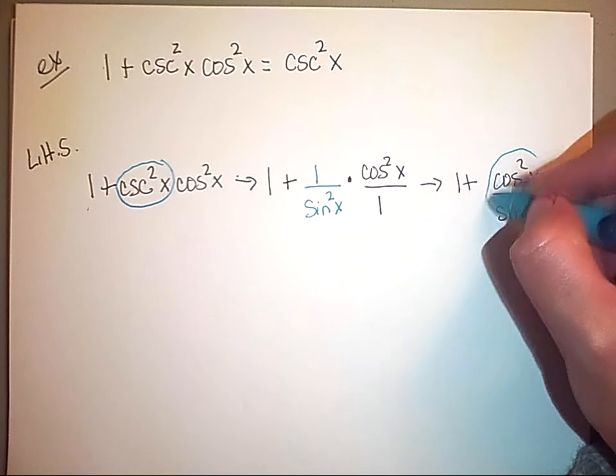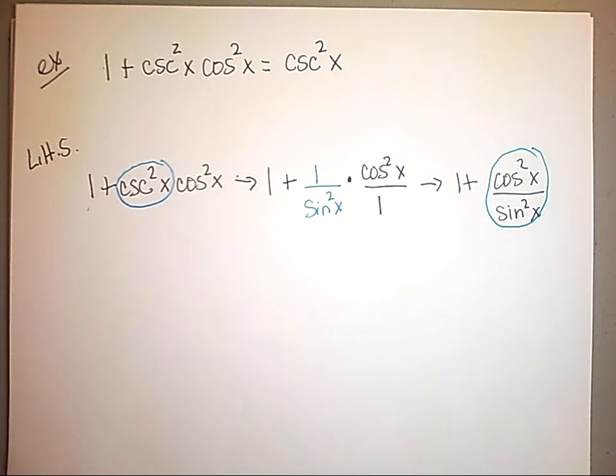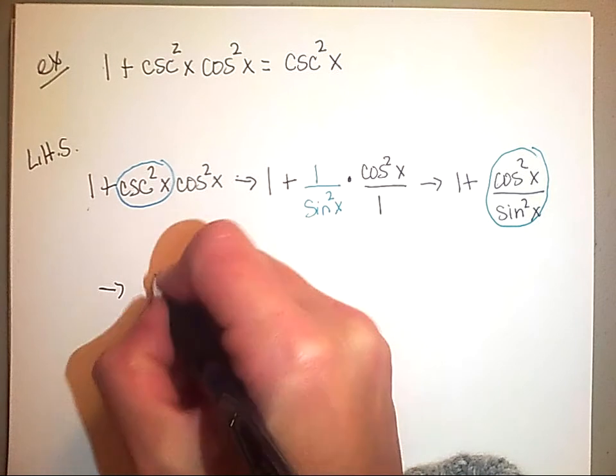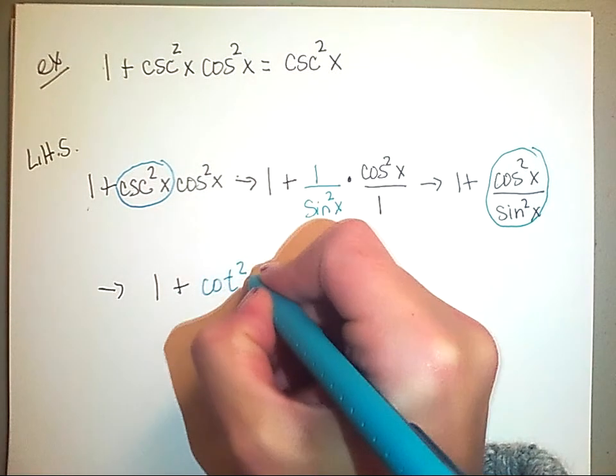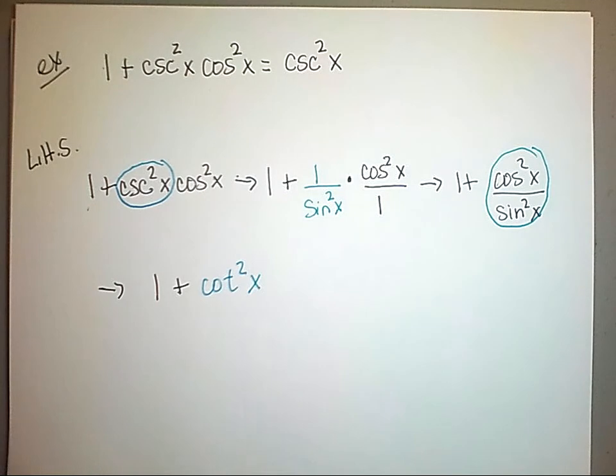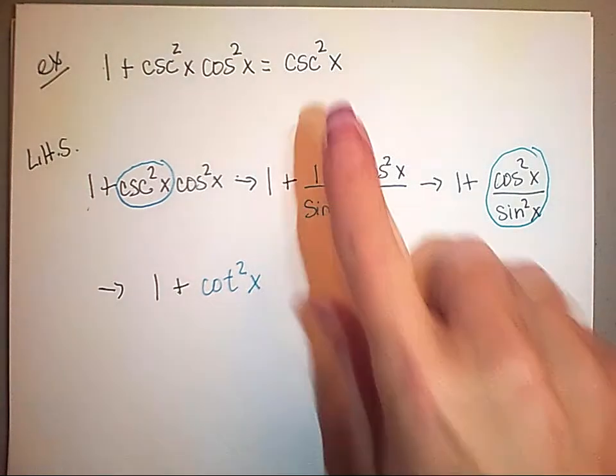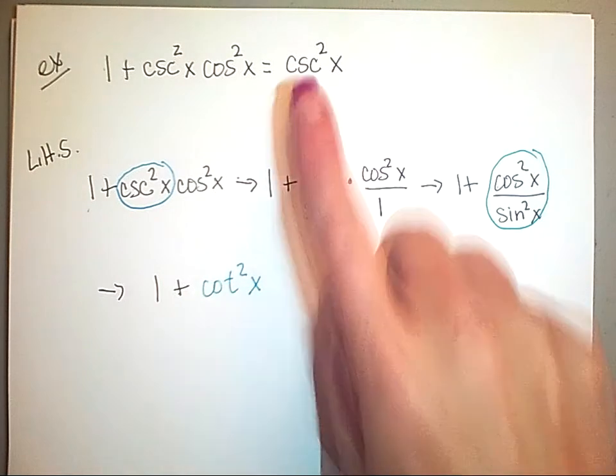Okay, but what is cosine squared over sine squared? Well, that's just cotangent squared, right? So we could write this as 1 plus cotangent squared of x. Now I'm trying to get to cosecant squared.